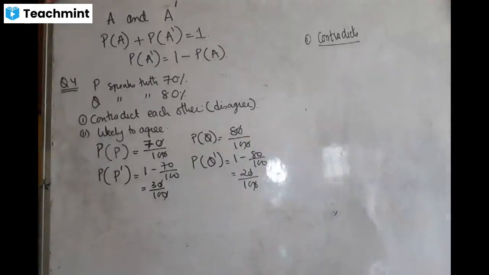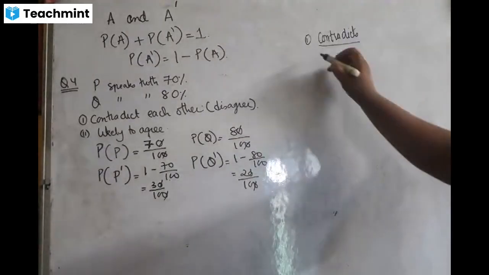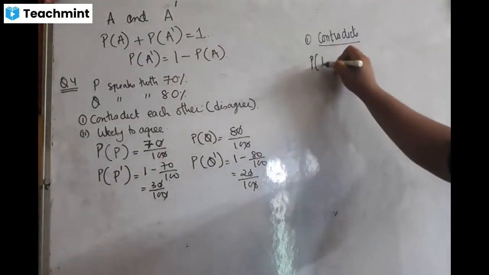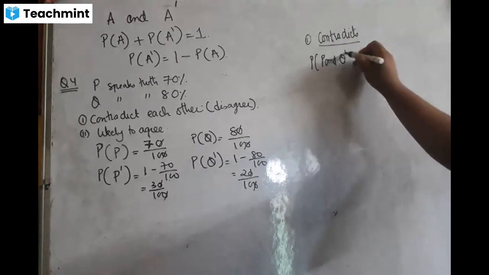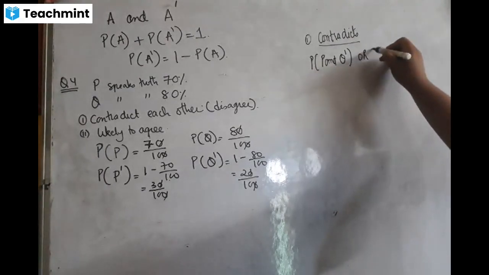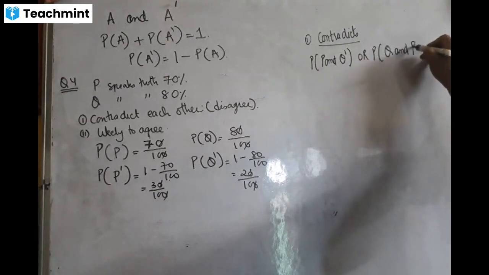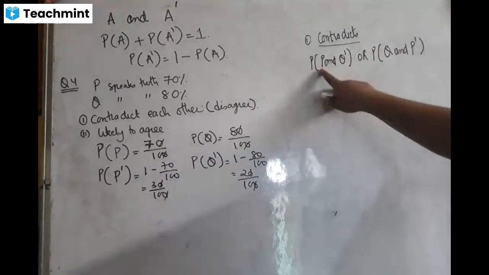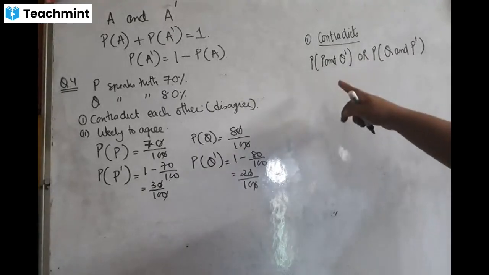Okay, everyone see, we will have two cases, that is probability that P speaks truth and Q lies, or if Q speaks the truth, then P is gonna lie. Disagree. एउटाले साँचो बोल्यो भने अर्कोले झुटो बोल्छ, because we don't know who is speaking the truth, isn't it?